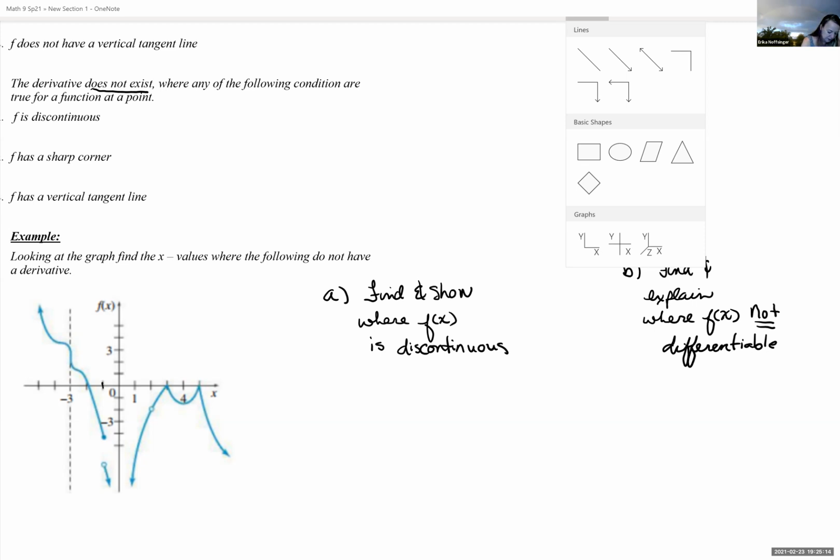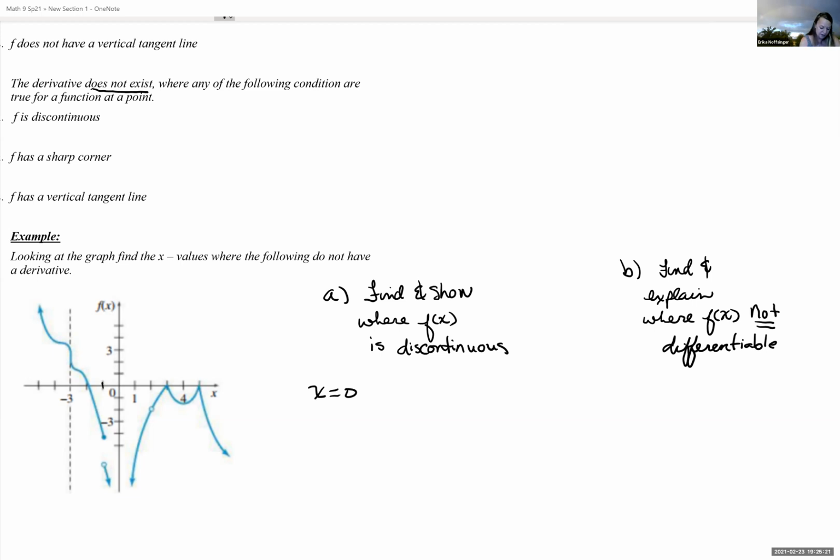The first thing was x equals 0, is what you had said. And we can see that we have a vertical asymptote at x equals 0 as x is approaching 0 on the left-hand side. Let's show this, because you have to be able to show why something is discontinuous. Actually, before I do that, remember there were three things that have to hold in order for a function to be continuous at a particular value.